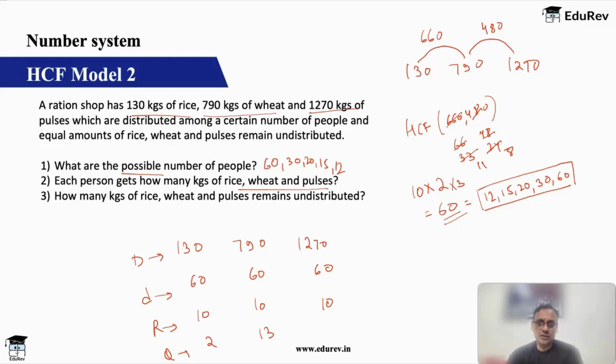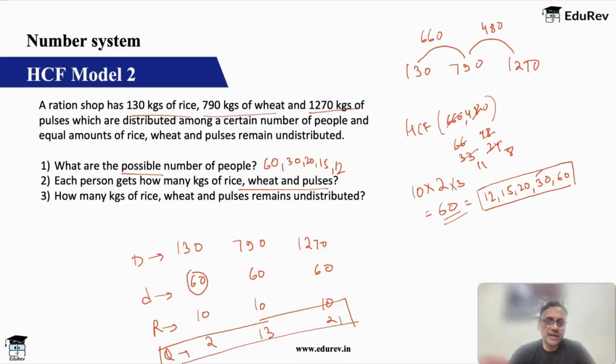And 1270 upon 60, you will have 21. Each person gets 21 kgs of pulses. So 2, 13 and 21 if the number of people is 60. If the number of people is 30, the value will become twice. If it is 20, it will become 3 times. If it is 15, it will become 4 times. If it is 12, it will become 5 times.